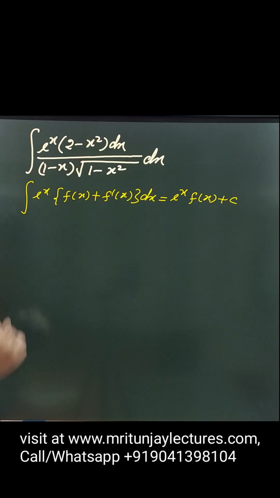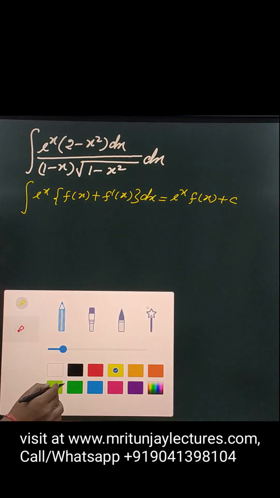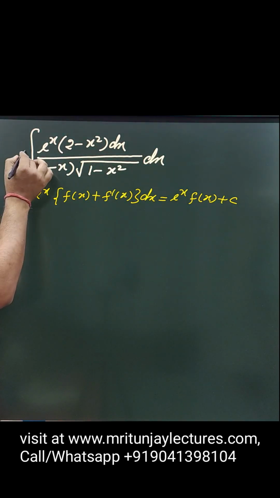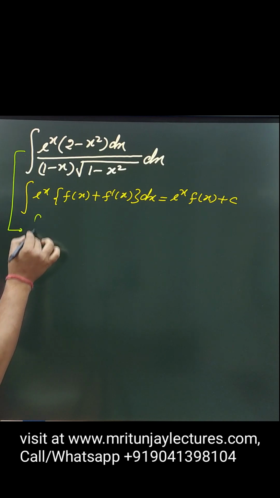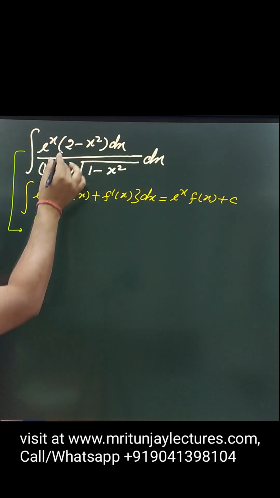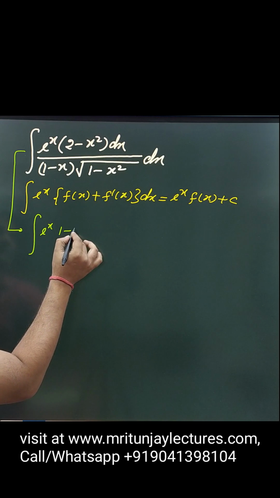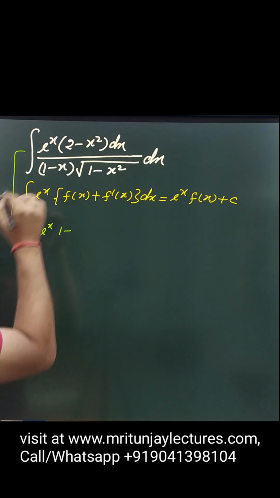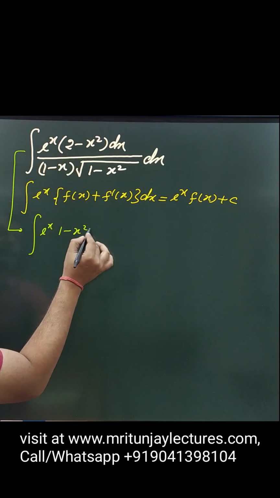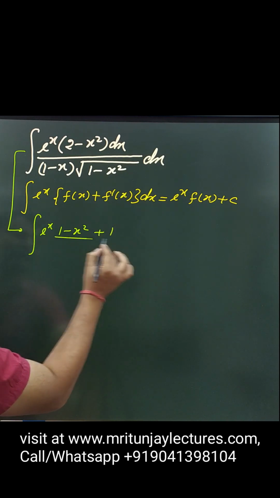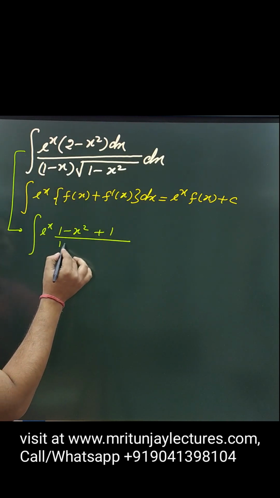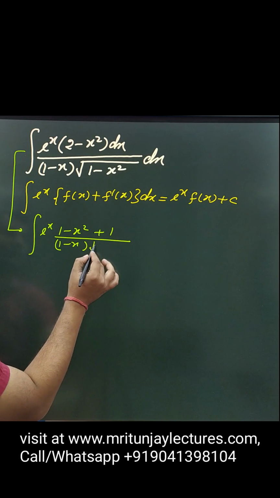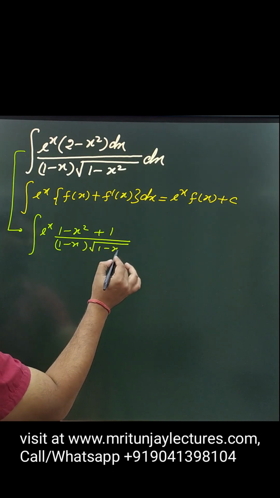So how can you do it? Simply write e to the power x, then 1 minus x square plus 1, divided by (1 minus x) into under root (1 minus x square) dx.